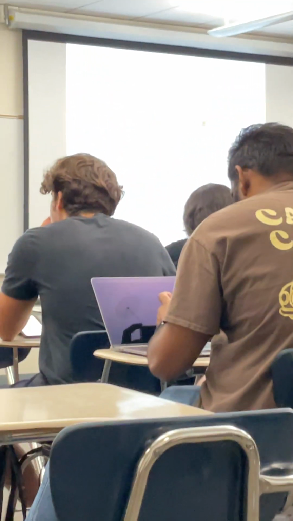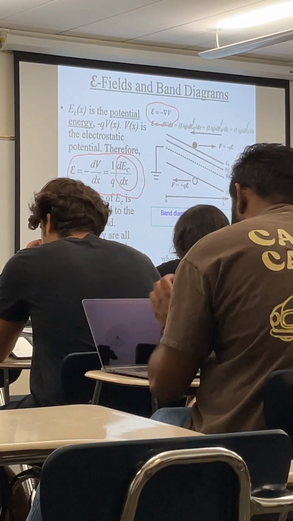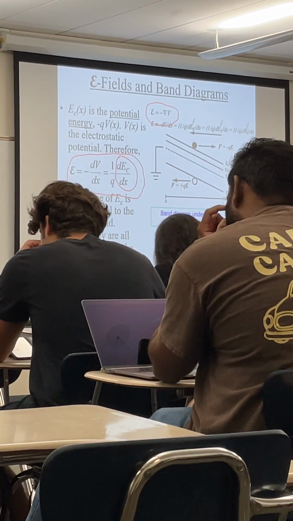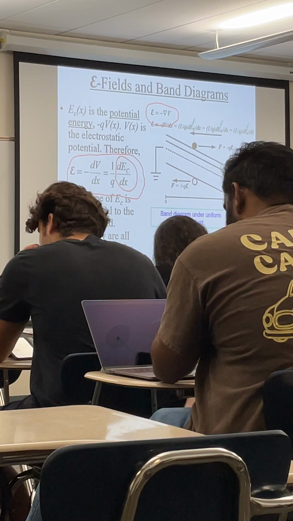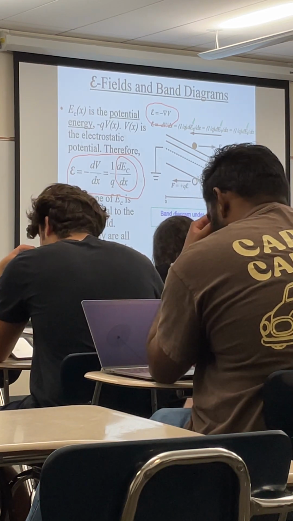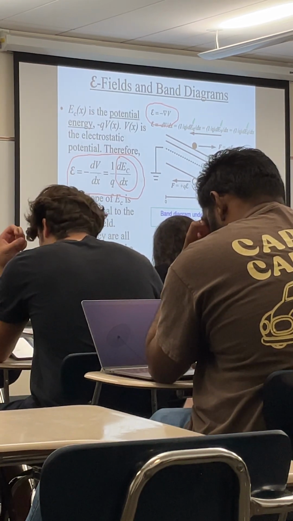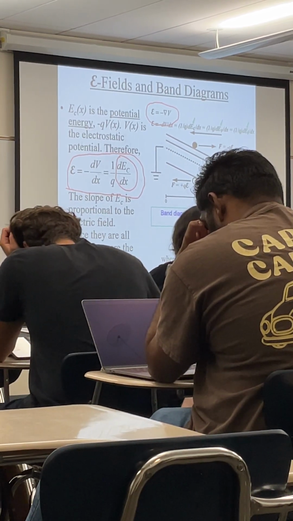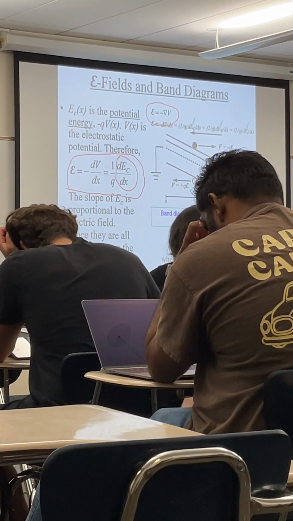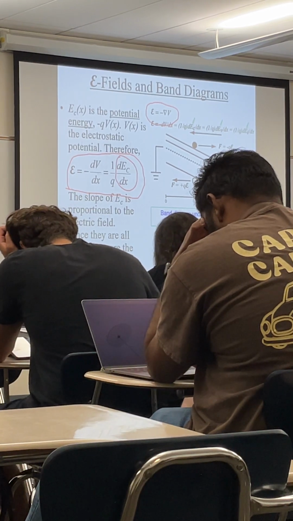So the electric field direction can be determined by the slope, or how EC, Ei, and EV are tilted. If tilted this way, the electric field is pointing to the left. If tilted the opposite way, like this, the electric field will point to the right.